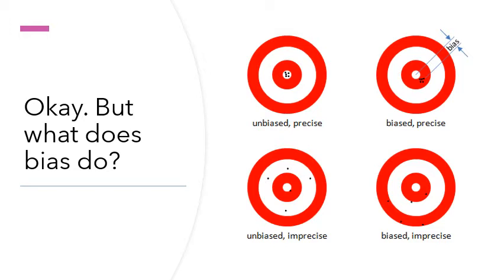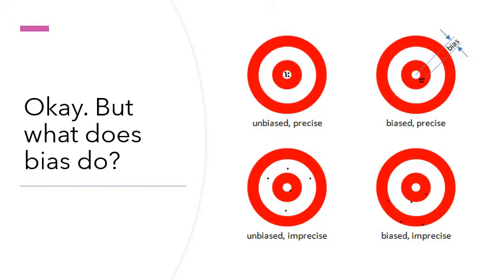Being unbiased and imprecise is probably the worst one to have, where you simply are throwing darts randomly and they're not getting anywhere. Biased and imprecise means that you're in one section of the quadrant, but you're not really precise in there.